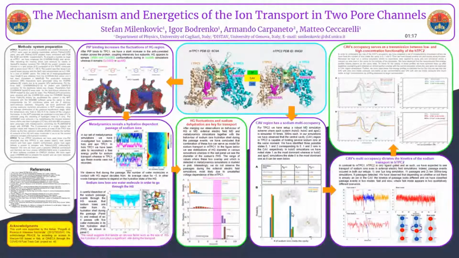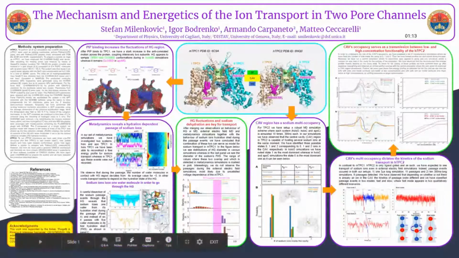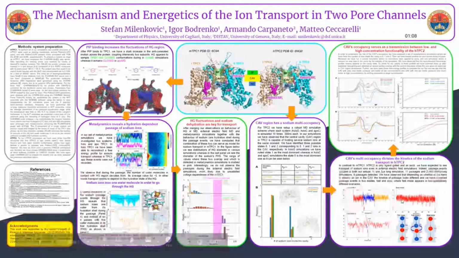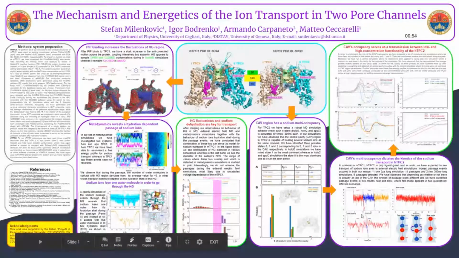So we wanted to see what that means, and we ran external electric field simulations, and there again we saw that depending on whether or not we have a sodium ion inside prior to the passage, different modes of passage occur. If there is a sodium ion inside, we have very fast kinetics of transport with two different scenarios.